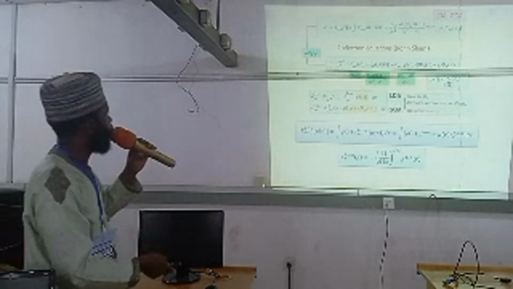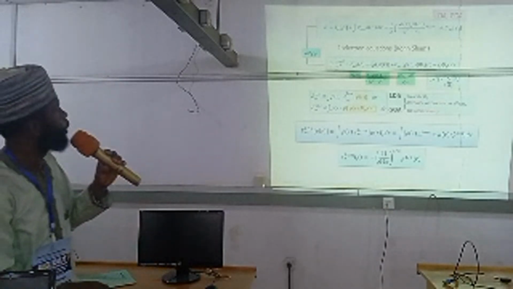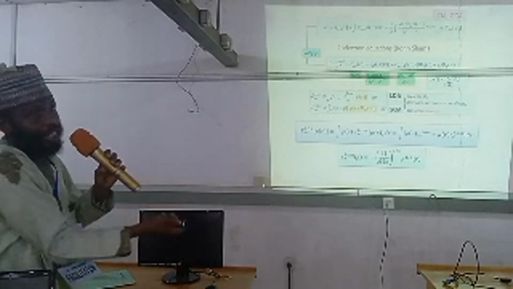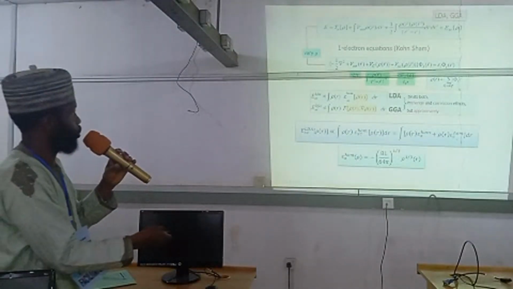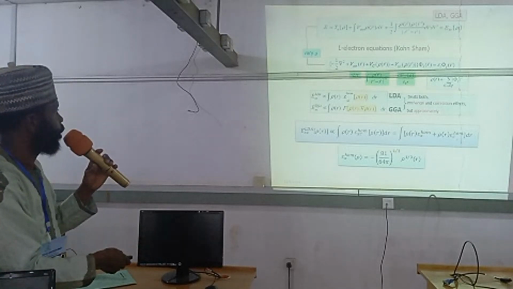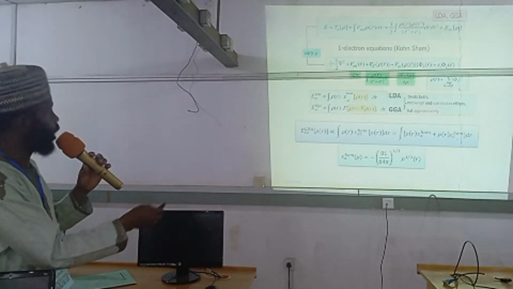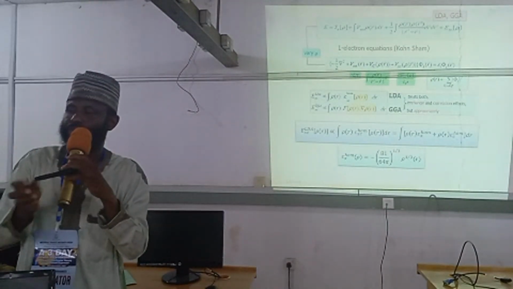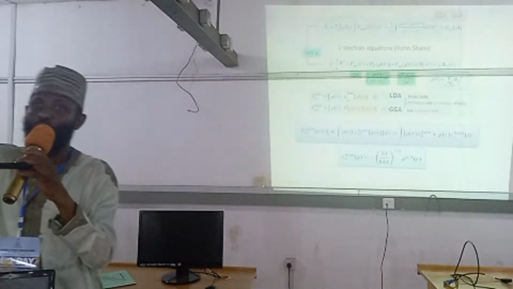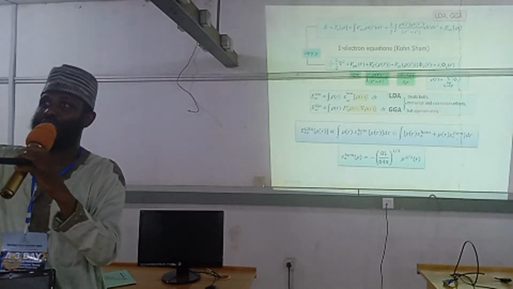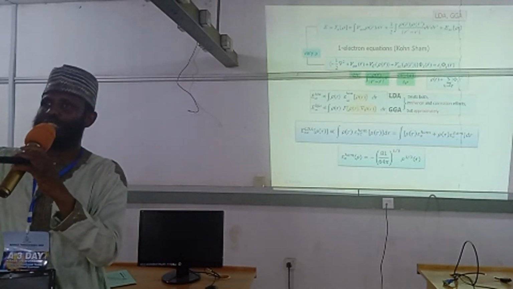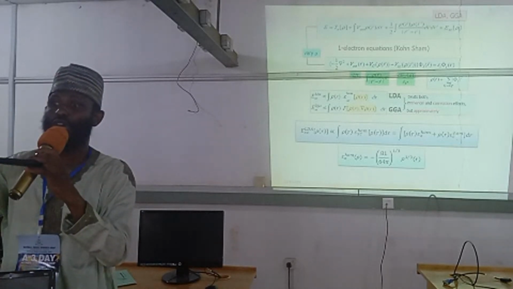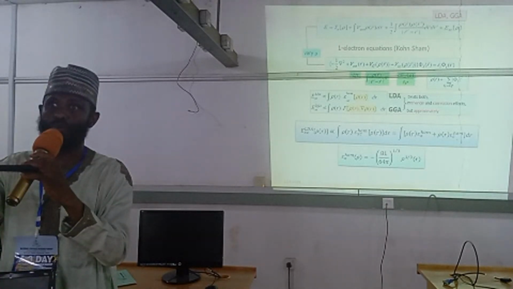Okay, so now we have two approximations, LDA with my library analogy. So what is this LDA all about? We are trying to take the sound noise of each row, so you are just making a local approximation.